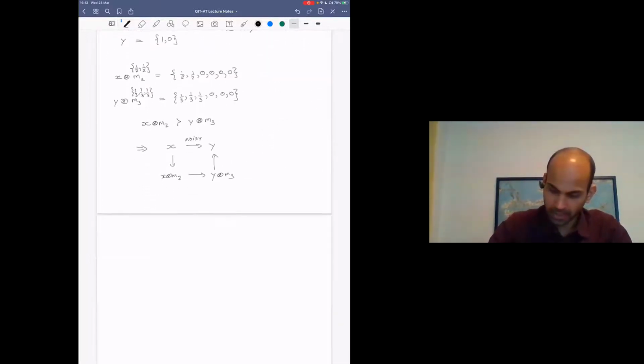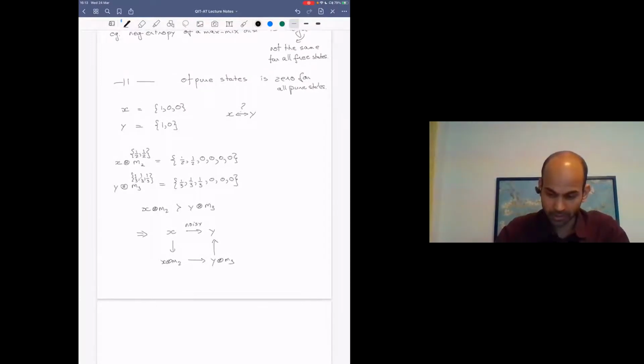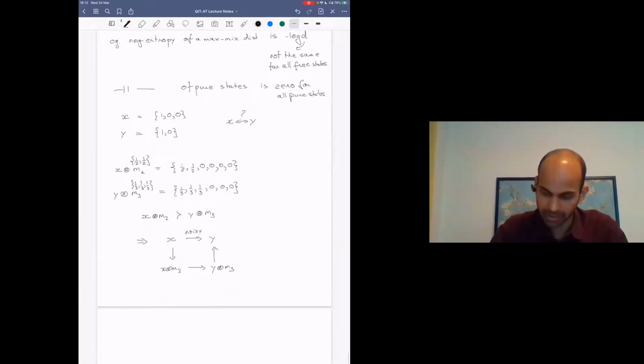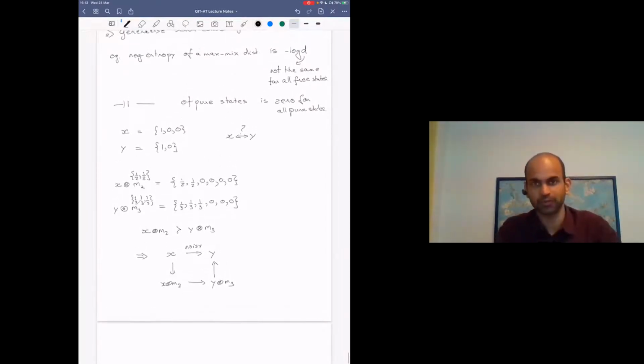All right. So this shows us 2 things. One of the things to comment on is that it shows that the entropy of the state is not even a good quantifier for pure states, because we see that pure states of higher dimension are more valuable than pure states of lower dimension, but the entropy of pure states is always 0.